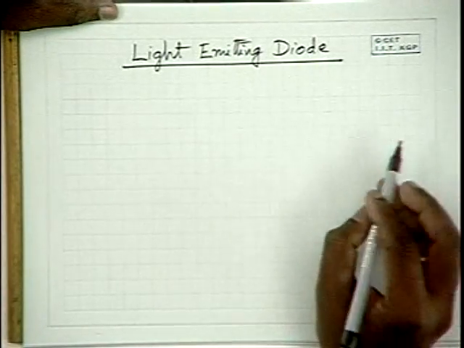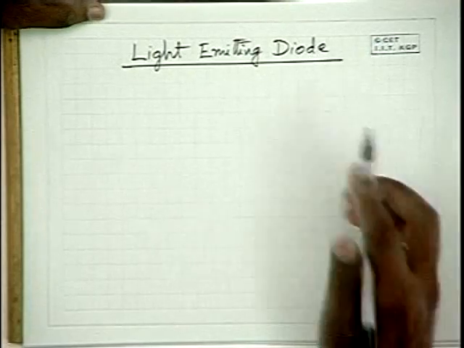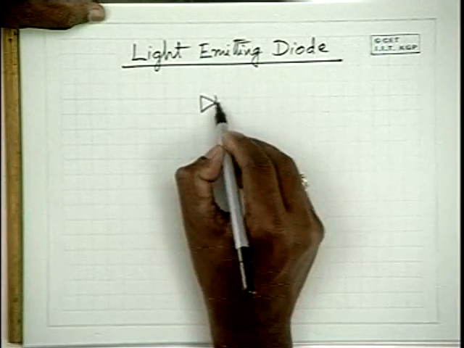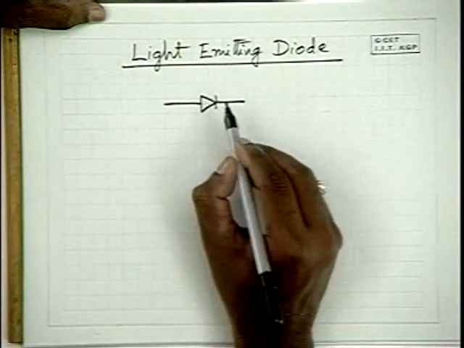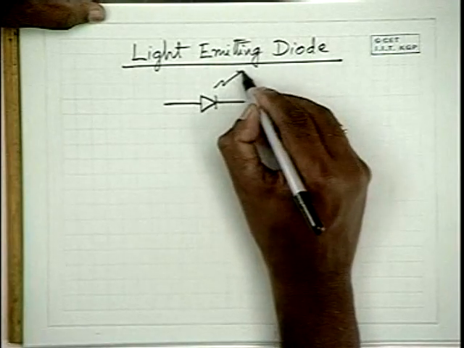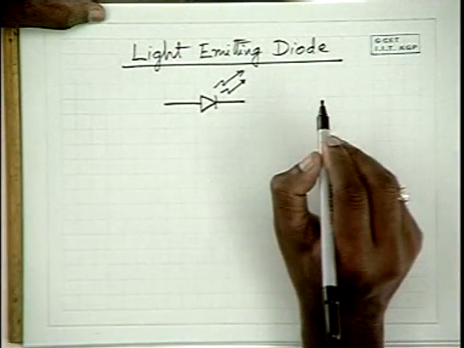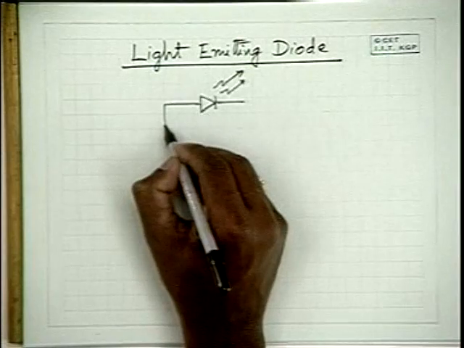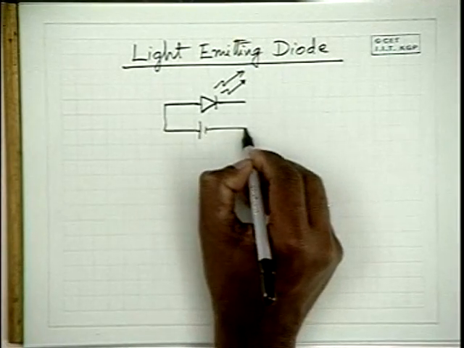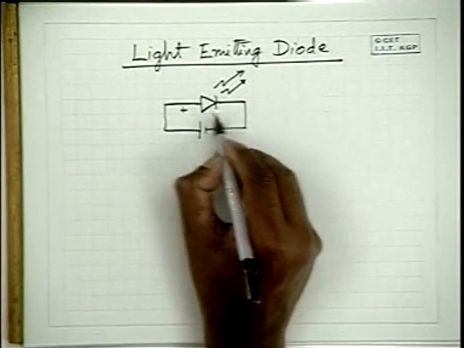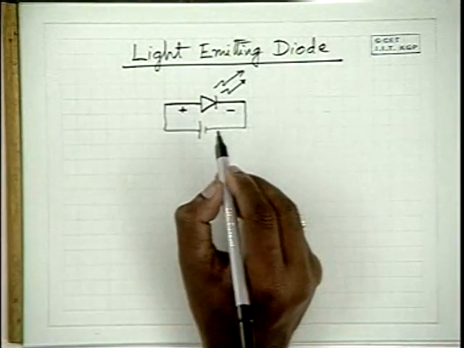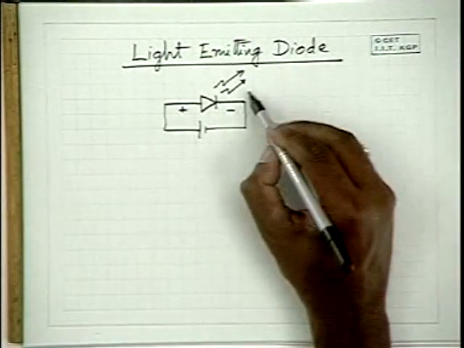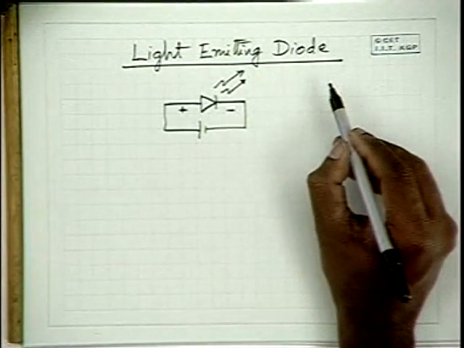The light emitting diodes are those diodes which, when biased, give you light. Depending on the construction, you can have red, green or yellow kind of light coming out of the diode junction.